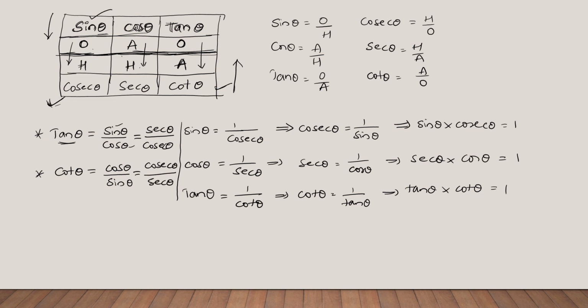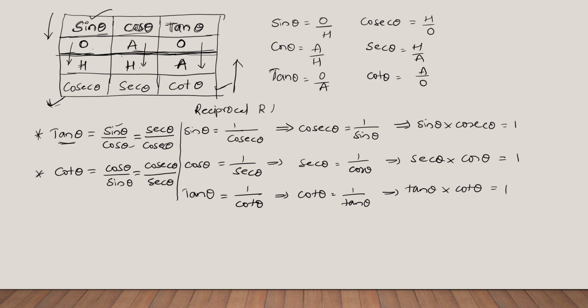So these are the basic formulae which are useful for solving the problems related to exercise number 1, and these are the basic trigonometric ratios and the relations. We call them reciprocal relations.